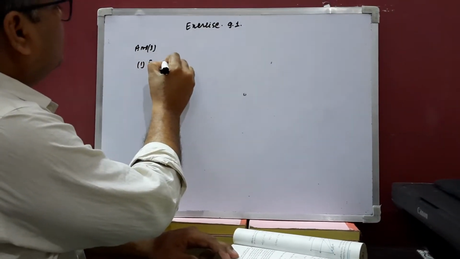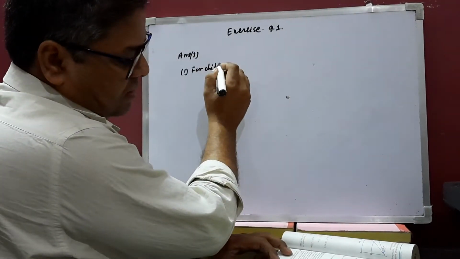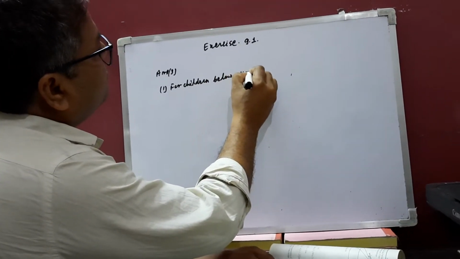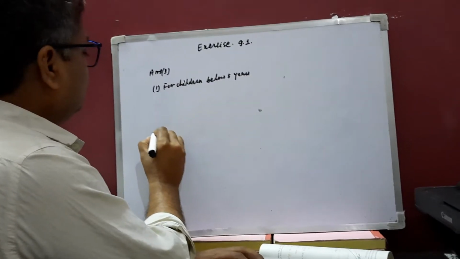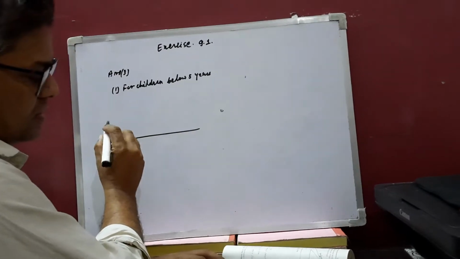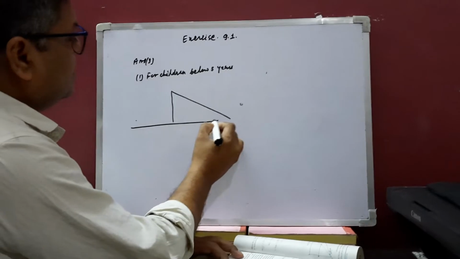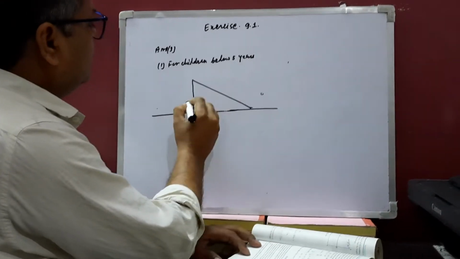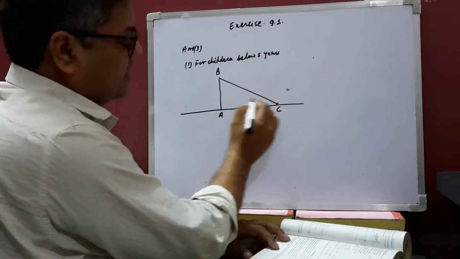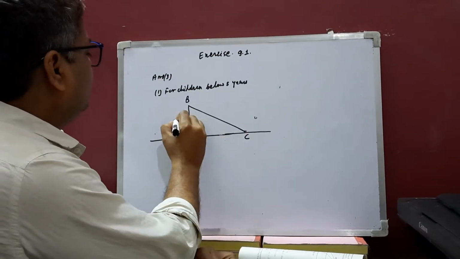First, for the children below 5 years. This is the ground level and this is the slides, and this is the height of the slides, and this is C, and this is height 1.5 meter.